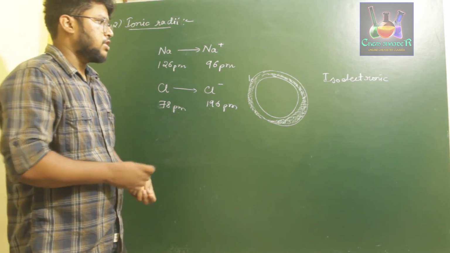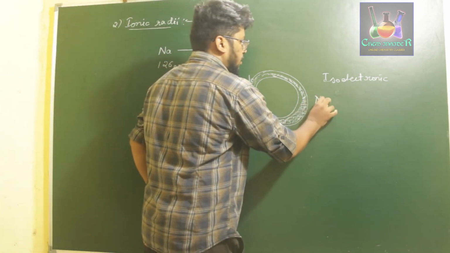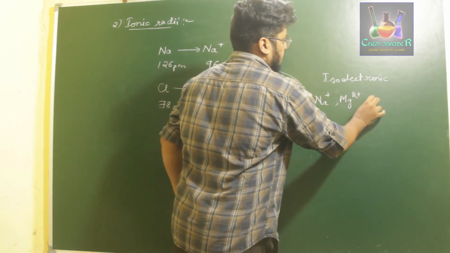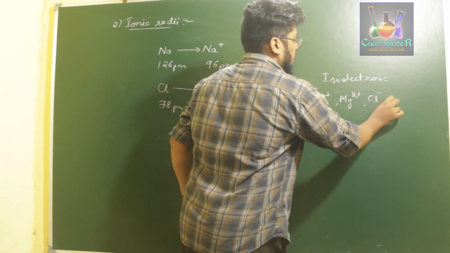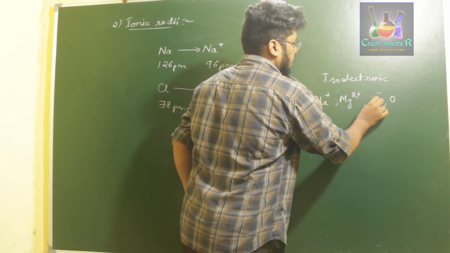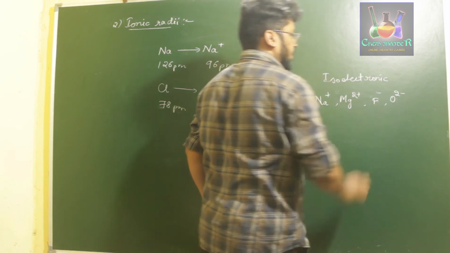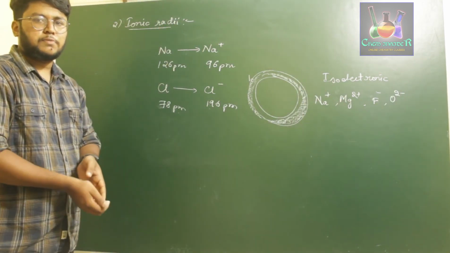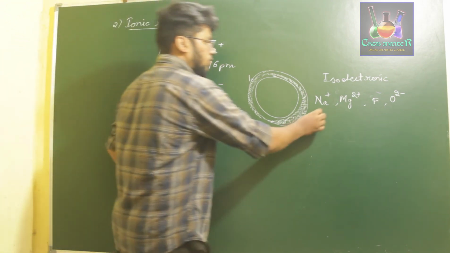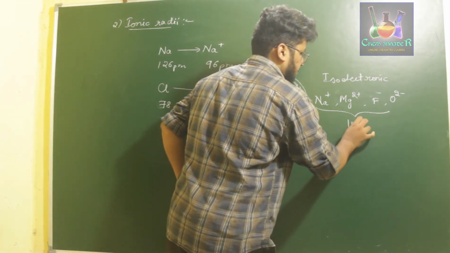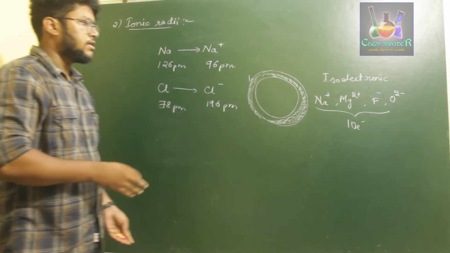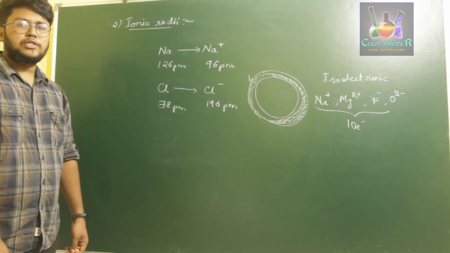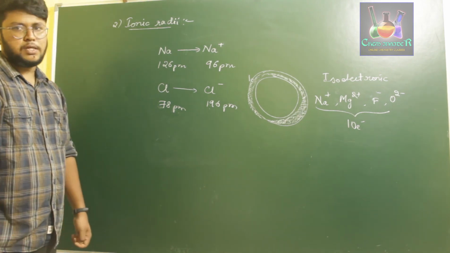For example, Na+, Mg2+, F minus, O2 minus. All these ionic species are called isoelectronic species because all of them have 10 electrons each, so these are isoelectronic species with 10 electrons.